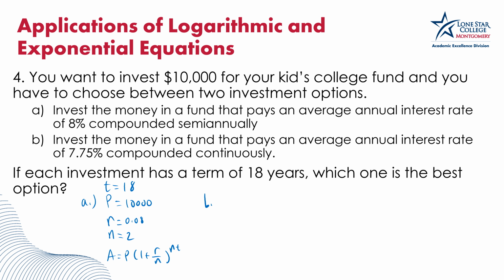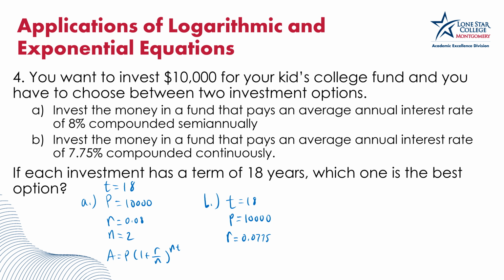Now for option B, we're investing with an annual interest rate of 7.75%. So t is 18 and P is still 10,000, but our r is now 7.75%, which as a decimal is 0.0775.